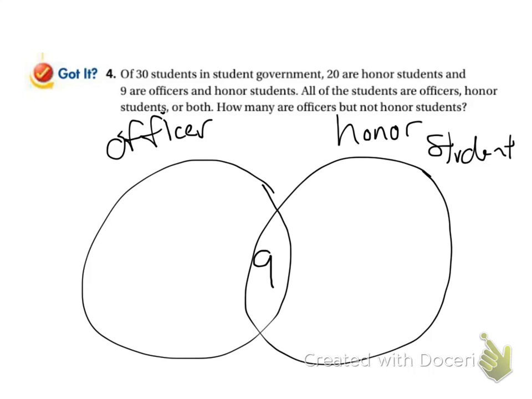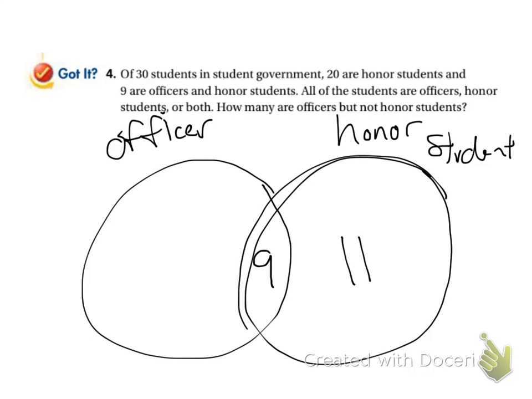And it says 20 are honor students. So this whole circle here needs to be 20. If this is 9, this has to be 11. The total number of honor students is 20.